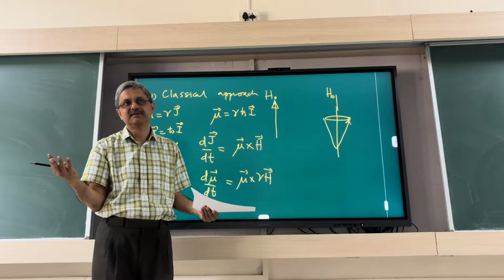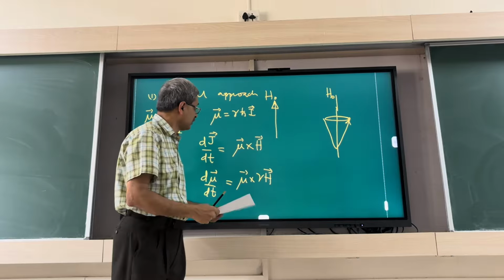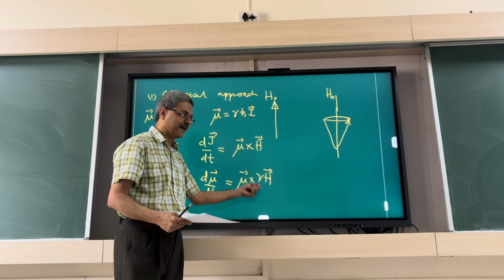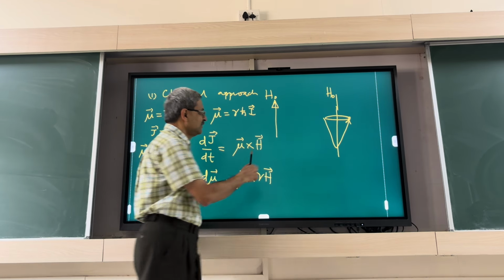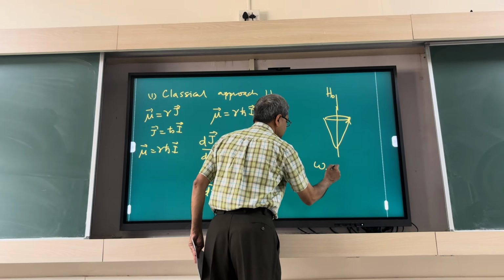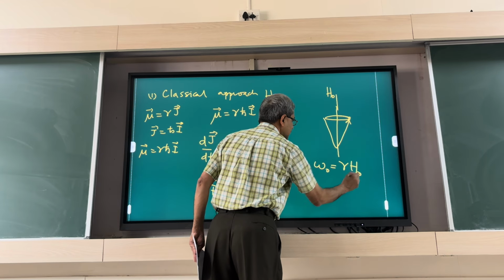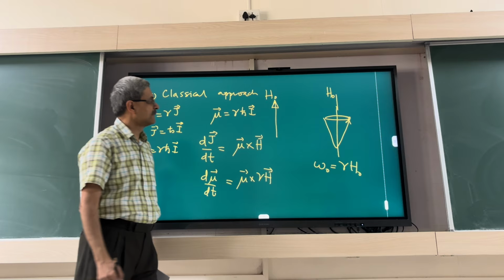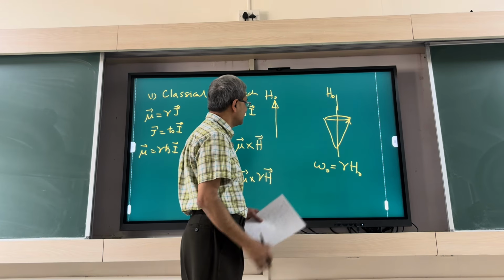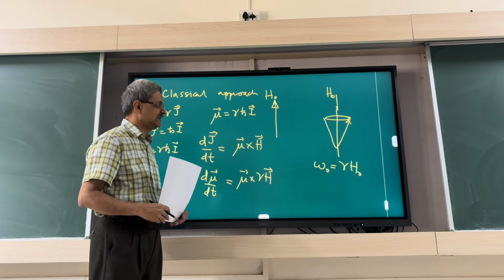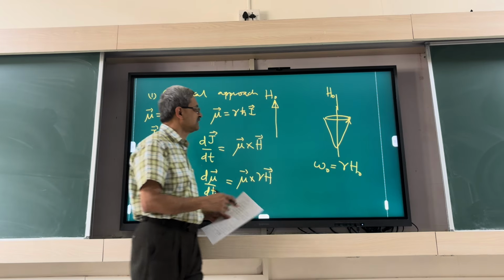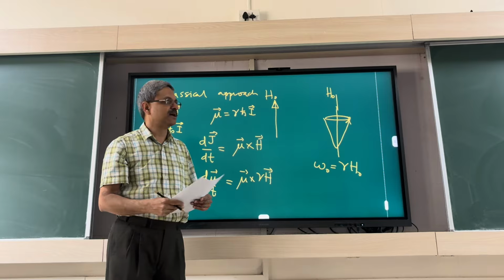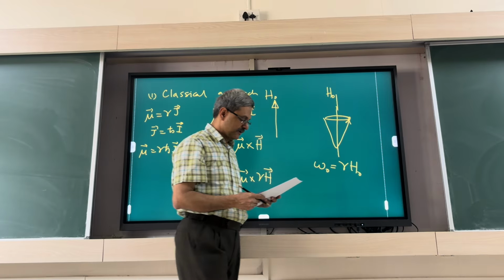This is called uniform precession. You can find out what the omega for uniform precession is. You can write the solutions for this. This omega is gamma H naught. So that's the classical answer, that if you have a DC field, then this nuclear moment will precess about the axis defined by the magnetic field.